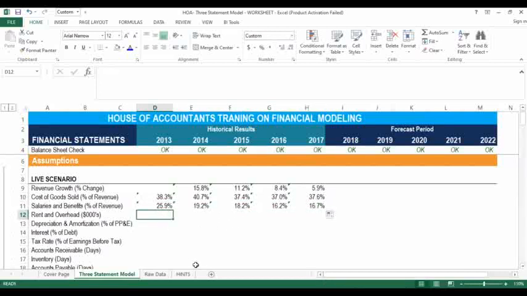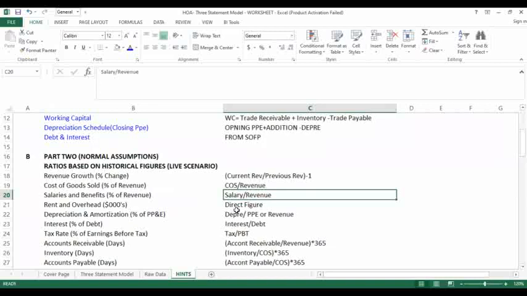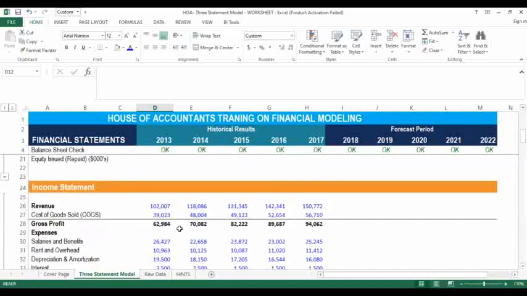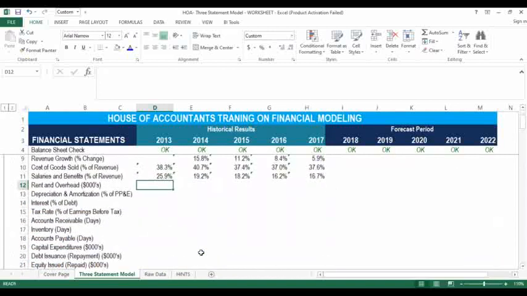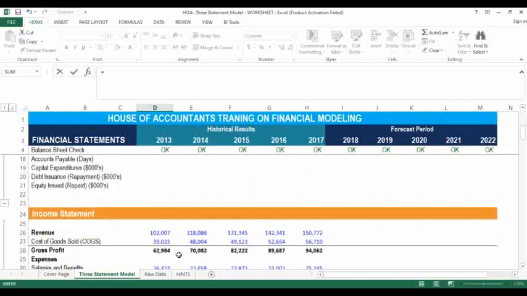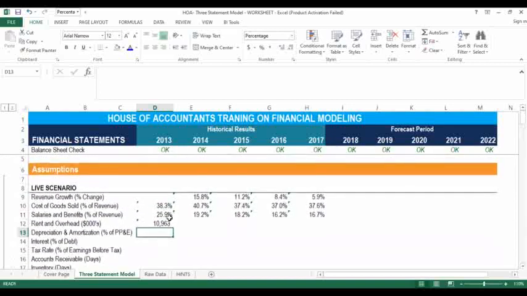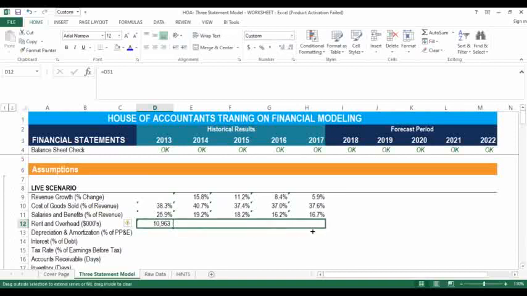Then for the rent and overhead, what do we have? Rent and overhead, let's see. We said direct figures. So let's see rent and overhead. It's just 10 and these figures. So we just pick it. We can also decide to use the percentage, or we can use this, but we are using the rent because rent is a fixed cost.